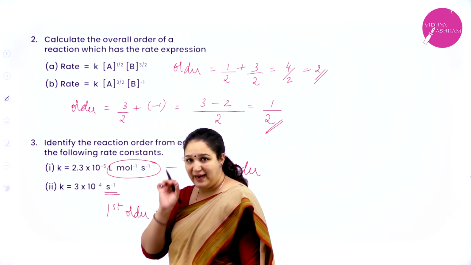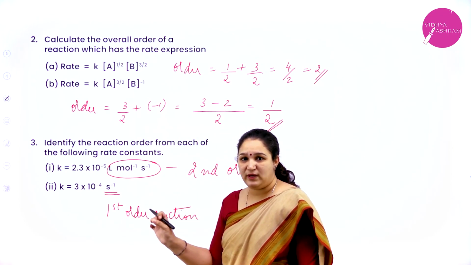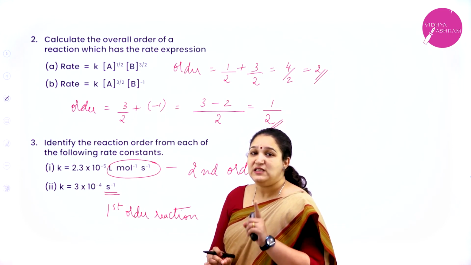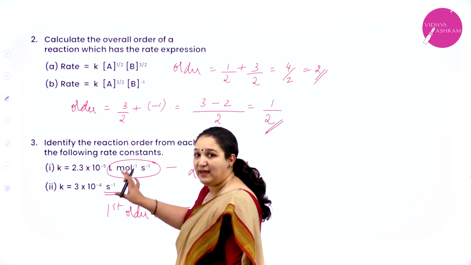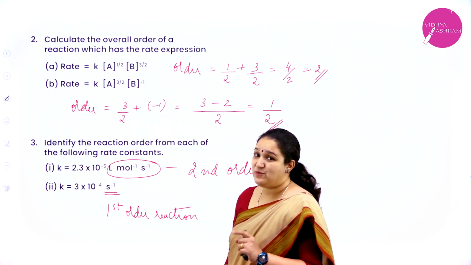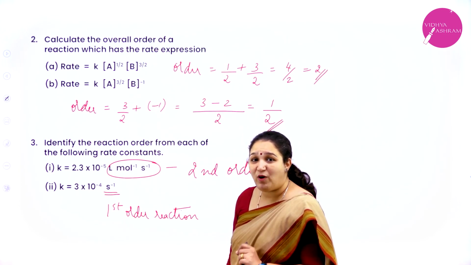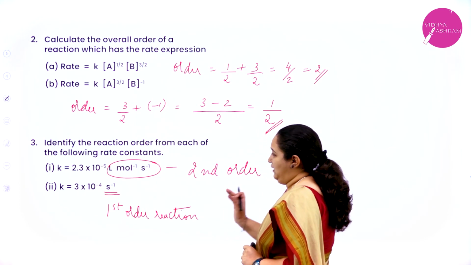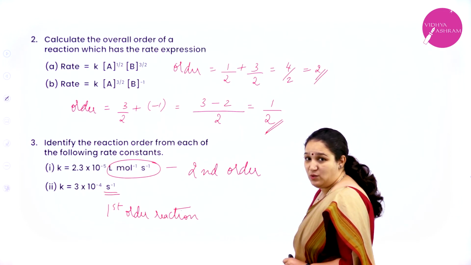If they have given the rate constant with the unit and asked you to find out the order of the reaction, just look at the unit and you can predict the order of the reaction. That's why I told you all it is very important and it is quite easy as well. So that is about the third question.